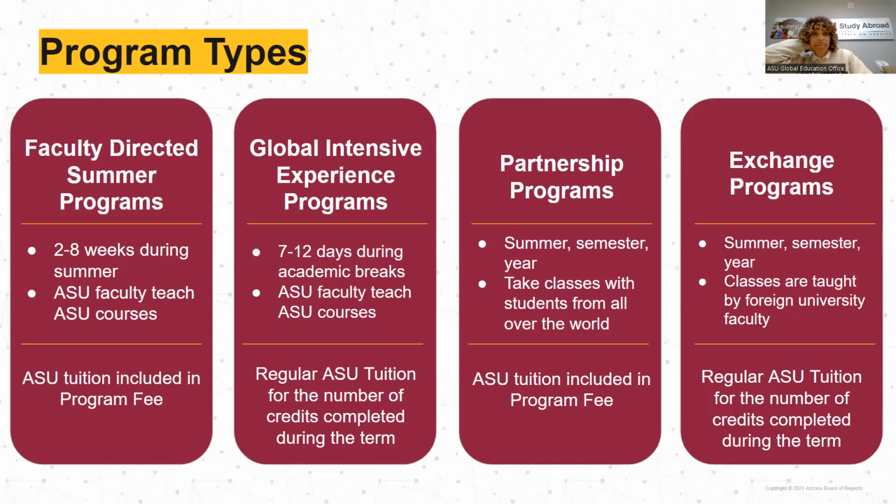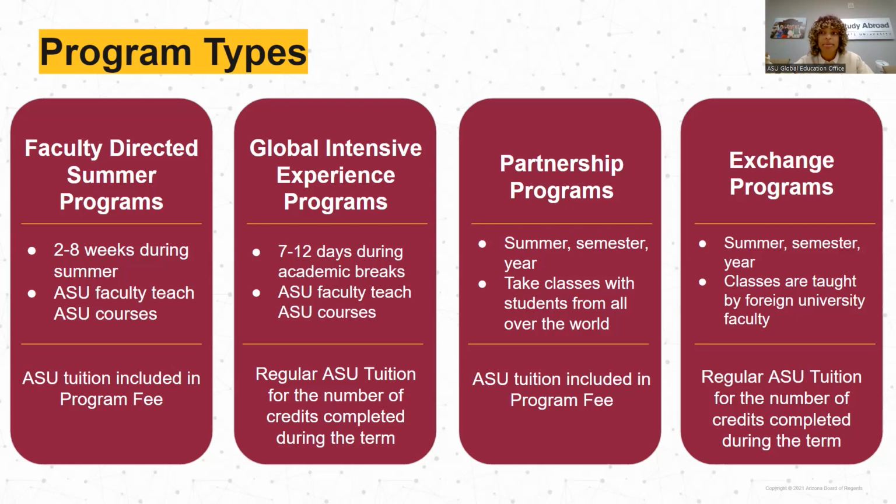So what this means is that, for example, if you're going to do a global intensive experience program during spring break, students will pay the tuition for the class that is attached to the program with their spring semester tuition.